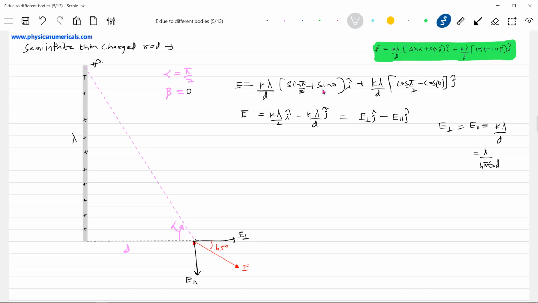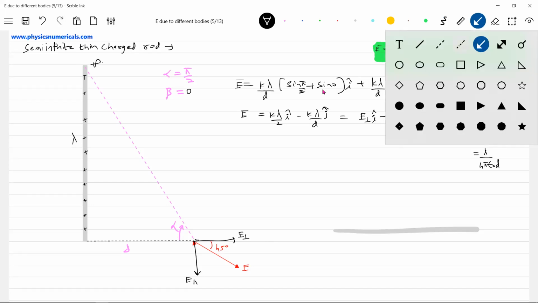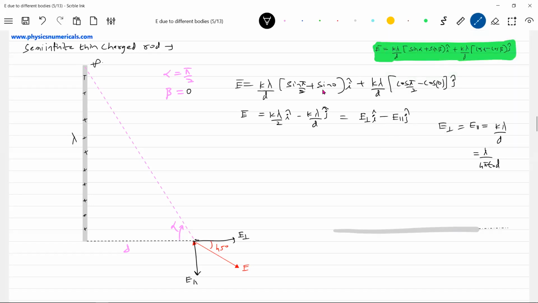If the rod is oriented along the x-axis, the rod is oriented along the x-axis, here I'll put infinity.